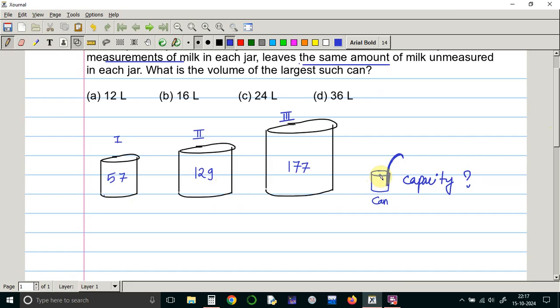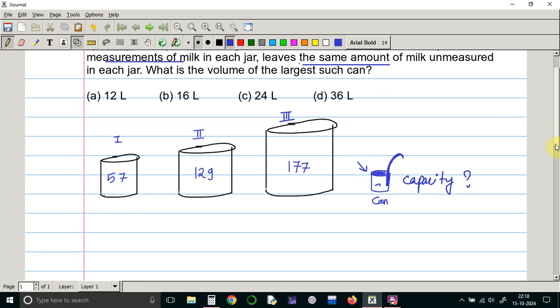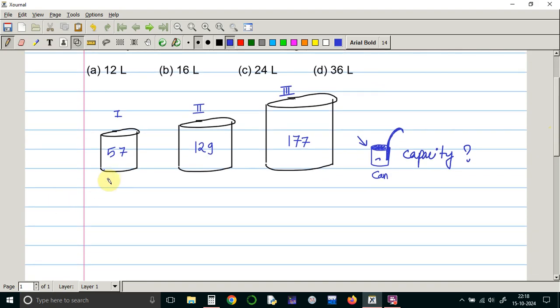Now with the help of this can, we have to take out milk from each jar, and the question says that after taking out different numbers of exact measurements of milk from this can, there is a small amount of milk left in each jar, and the remaining milk is unmeasured with the help of the same can, because the remaining milk is not properly filling this can. So it is filled partially with the remaining. So let's see this scenario with numbers.